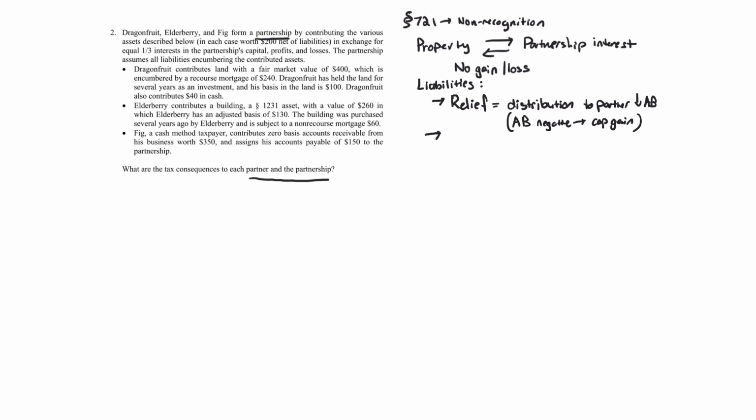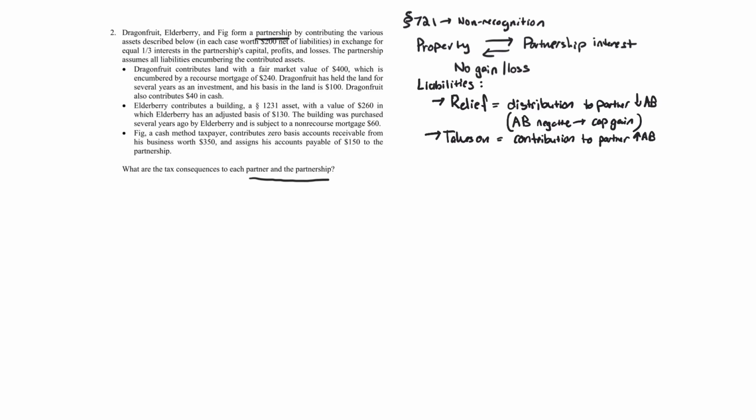However, if a partner takes on liabilities, that's viewed as a constructive cash contribution, and we're going to increase the adjusted basis because just like if you contributed any property, you would get to increase your basis by the amount of that property.